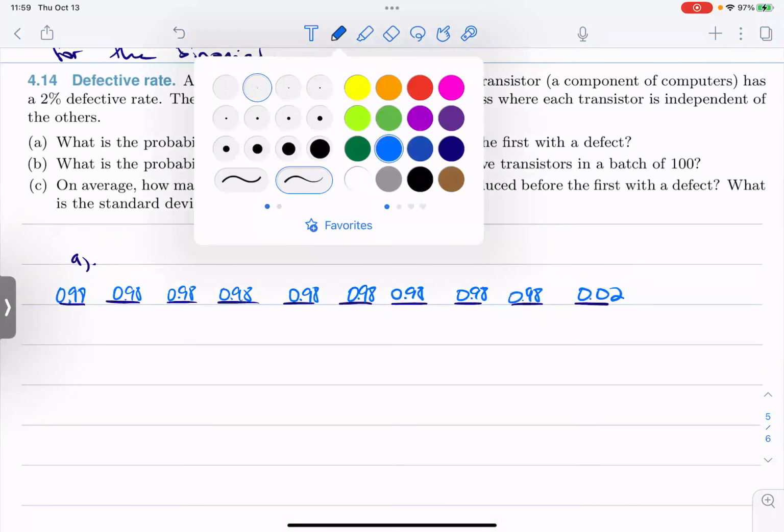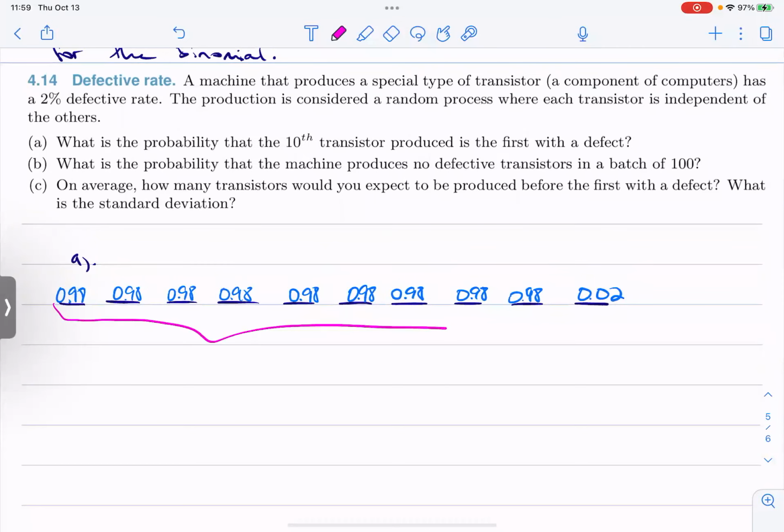All right. This is going to become 0.98, technically to the power of 10 minus 1, to the power of 9, times 0.02.